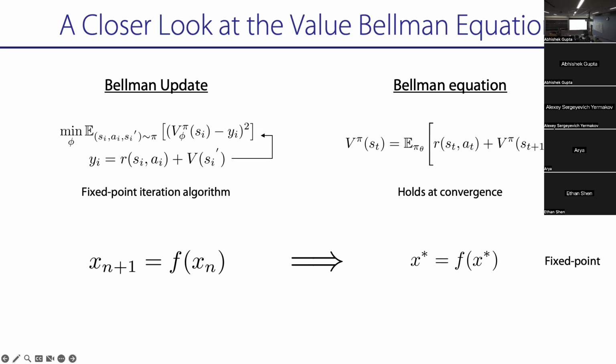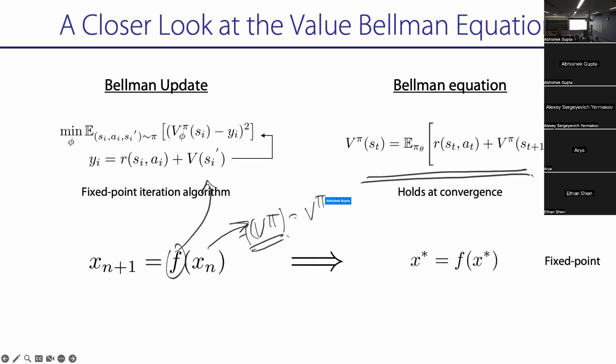Because we know that this holds at convergence, if you replace x star by V pi, this thing will fit. So if you treat f as your projected Bellman operator, then f of V pi is equal to V pi.